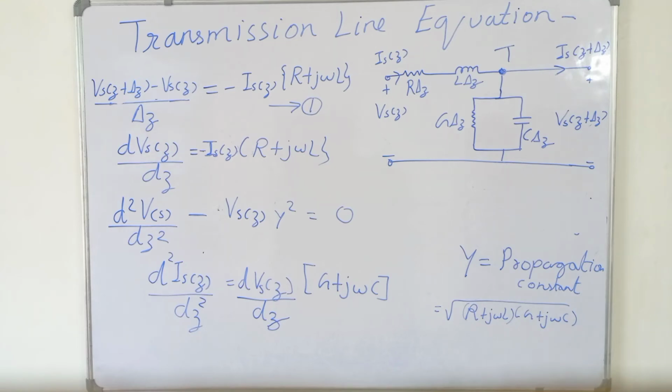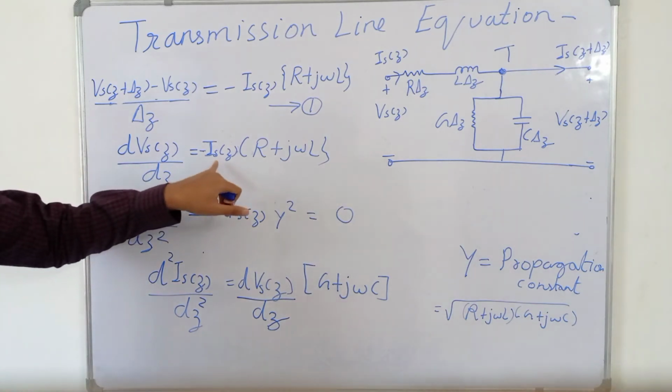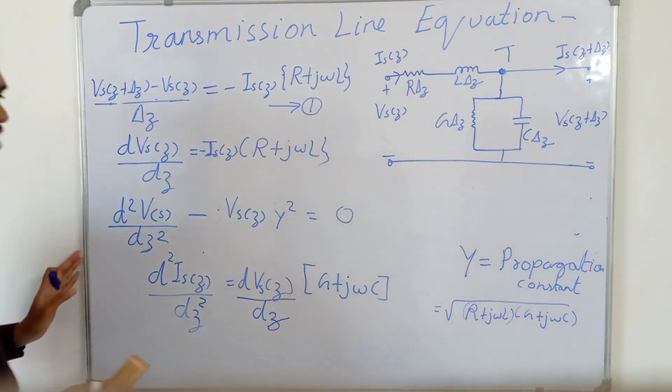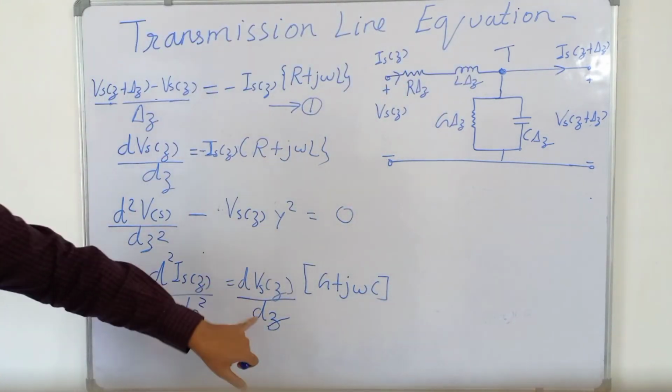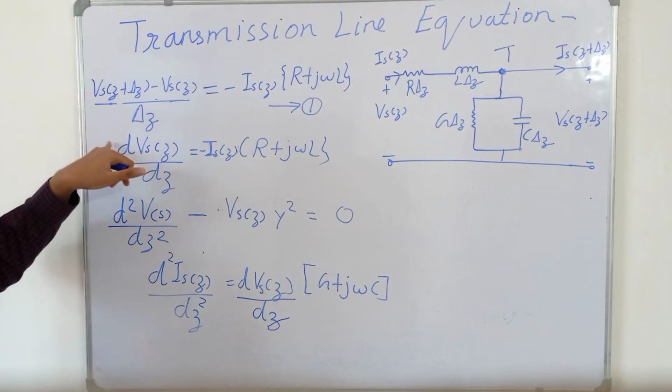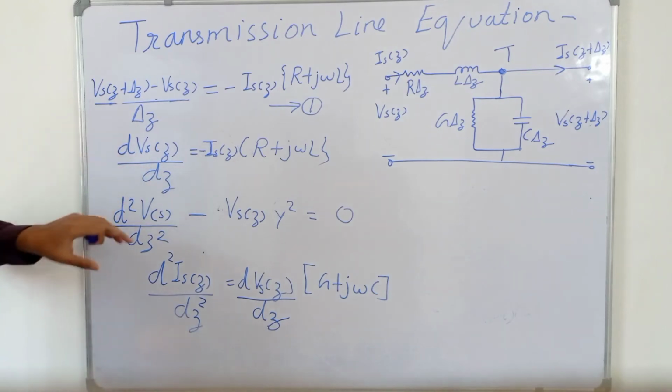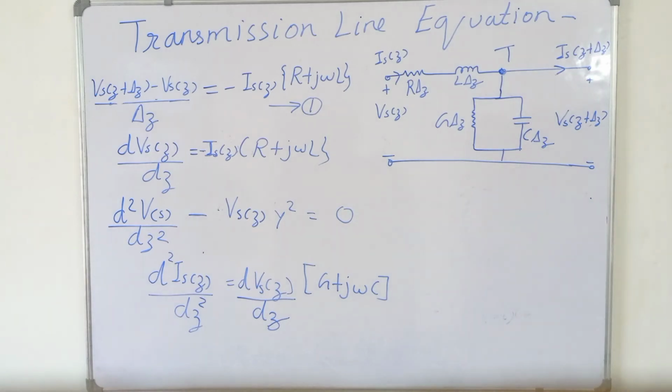Then again, in this equation, dVs of z is equal to minus Is of z (R plus j omega L). So we can write that again here. We can substitute this value of dVs of z here. So what we get is again the multiplication of (R plus j omega L) and (G plus j omega C), which will again be your propagation constant.